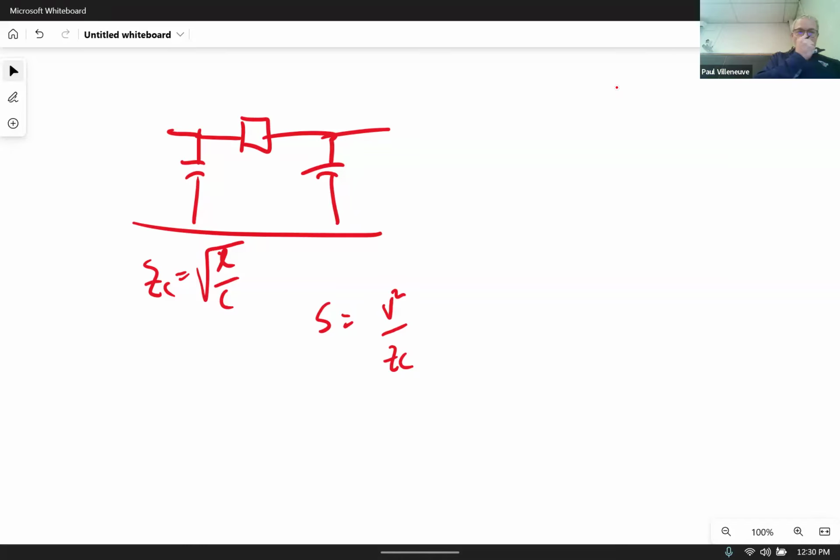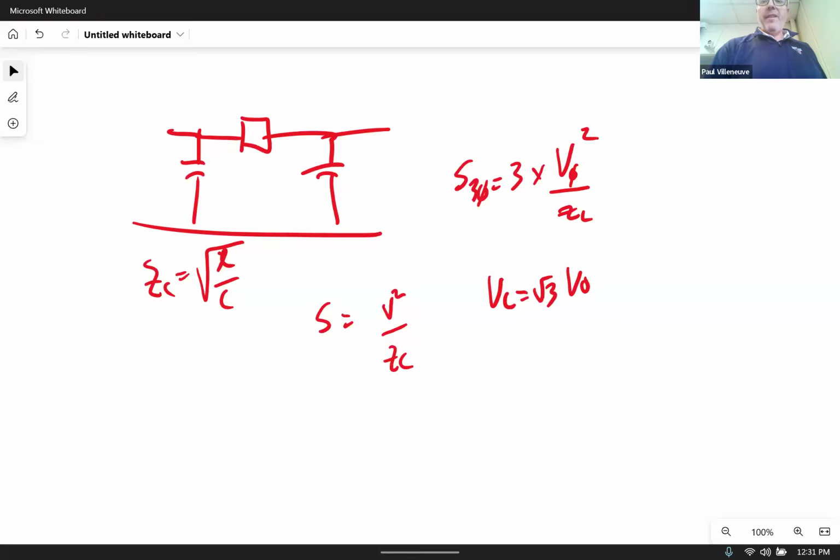So now the question is, which voltage do I need to use? Well, remember, a transmission line is a three-phase transmission line, which would be 3 times V phase squared over Z line. Well, V line is equal to the square root of 3 times V phase.